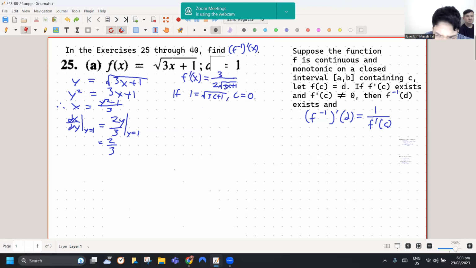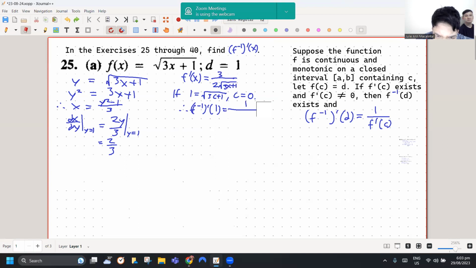Now we will evaluate the derivative of f at 0, and then we'll take the reciprocal. That should be the derivative of our inverse function evaluated at 1, which is d.